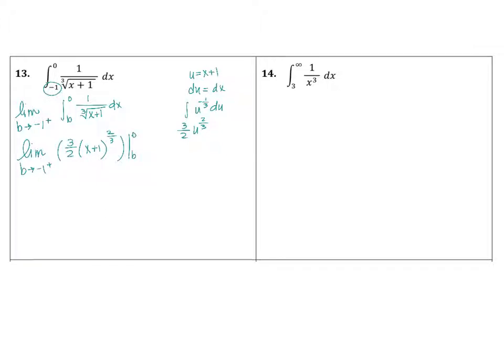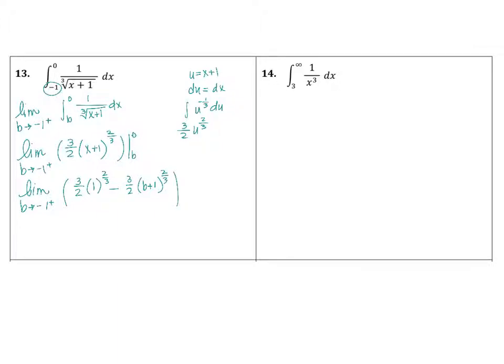So now we're going to substitute in, and so we have our limit as b approaches -1 from the right of, and if I plug in 0, I'm going to have 3/2 times 1 to the 2/3, and that's going to be minus 3/2 times b plus 1 to the 2/3.